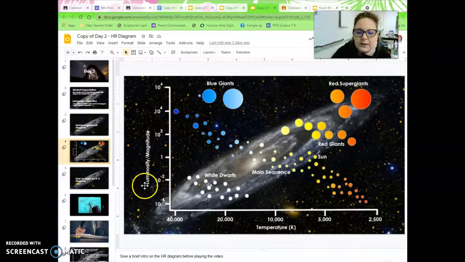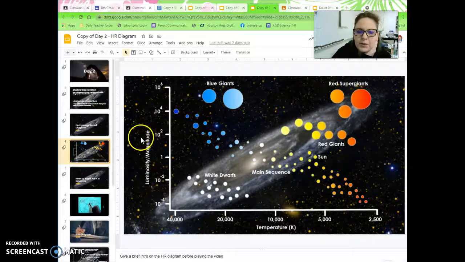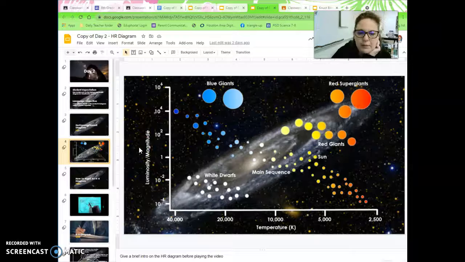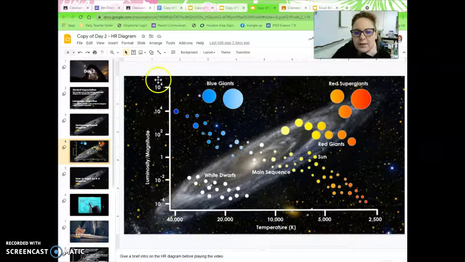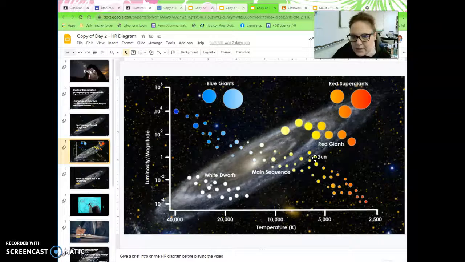So brightness can also be called luminosity, so how much light, lumen is light, is given off, and it can also be called the magnitude. But it uses a weird scale, and it compares everything to the brightness of the sun. So it's either brighter than the sun or it's less bright than the sun.